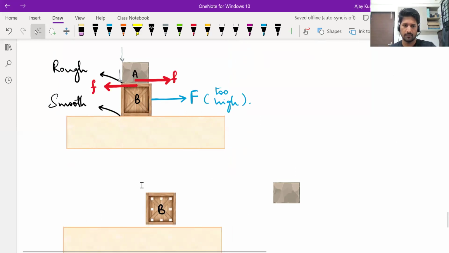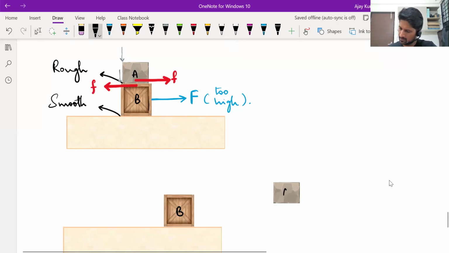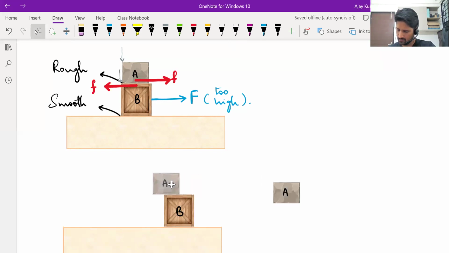B moves forward. A also moves forward because there is friction acting on A, but it won't move with the same acceleration as B. This is what is going to happen if you pull the lower block with too much force.